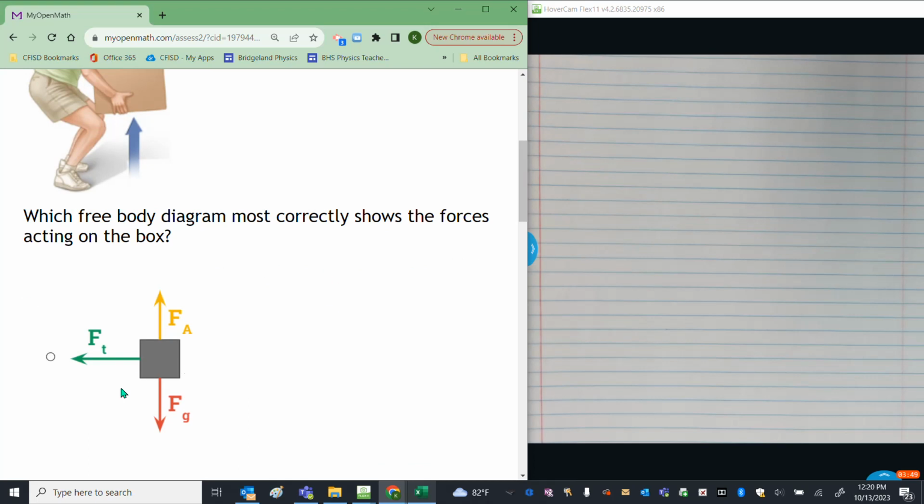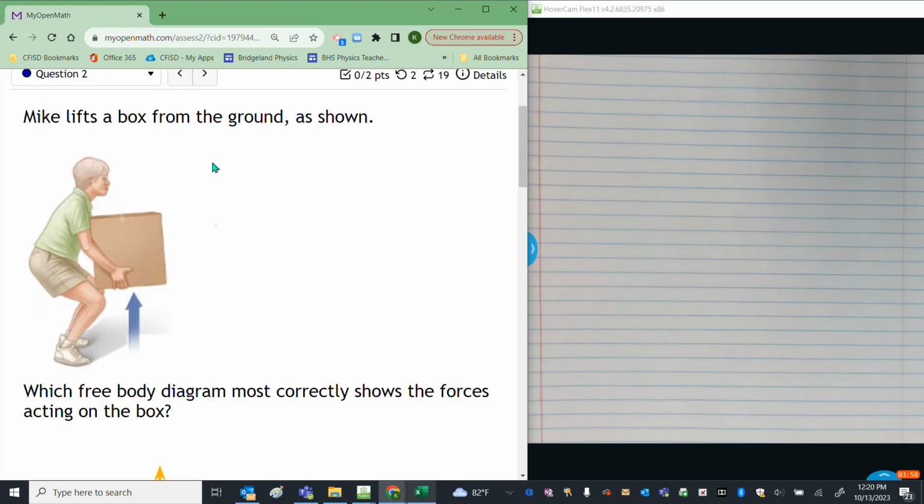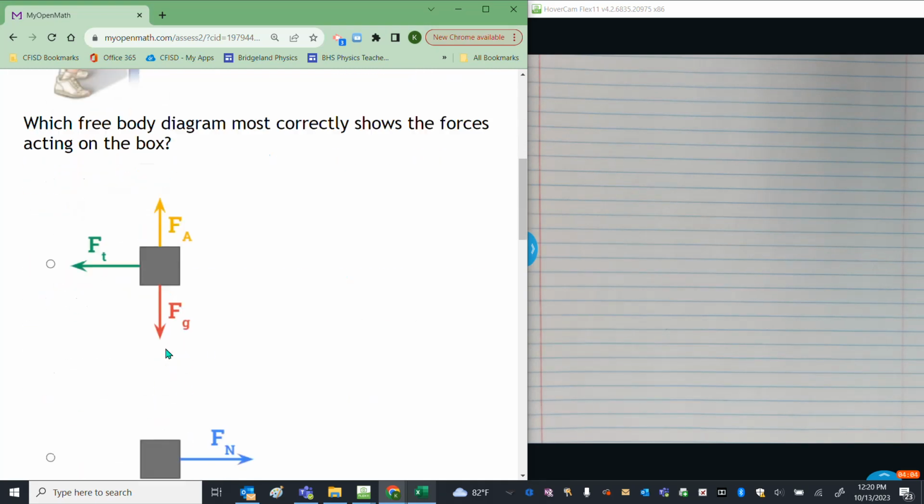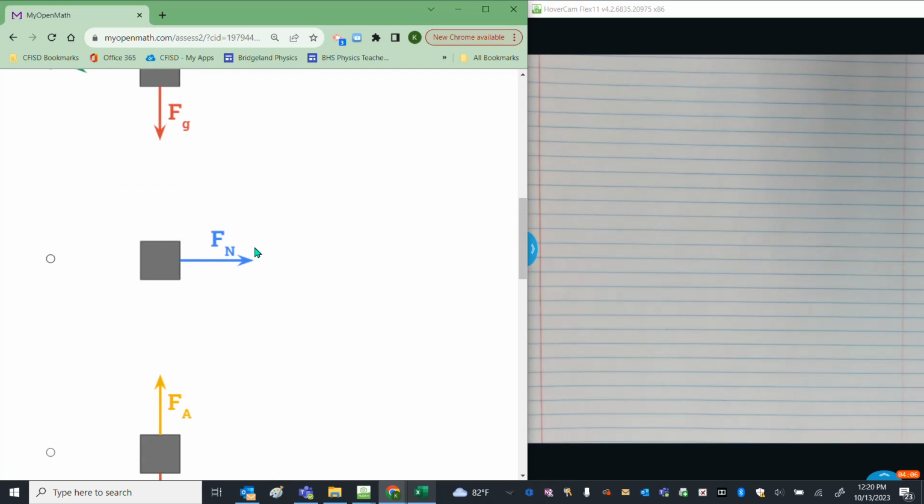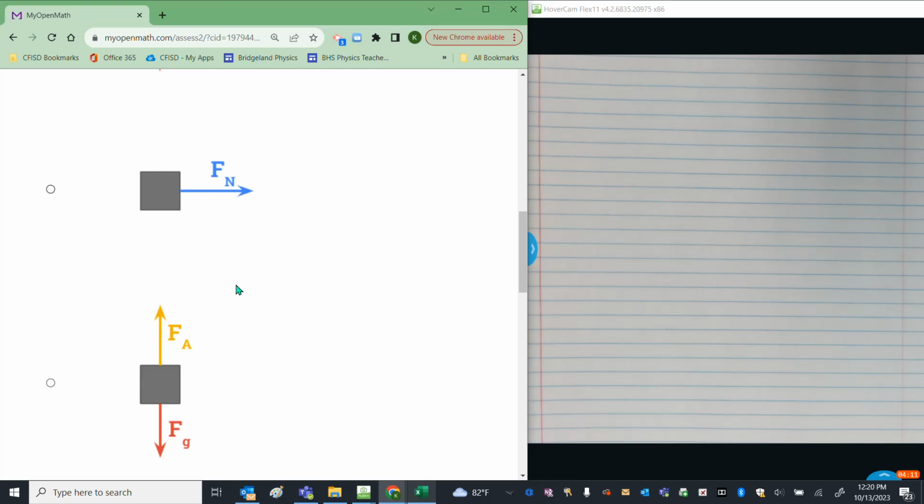Again, if we start looking at our options, I can see those two are labeled here, but this one also includes tension to the left. There's nothing in this diagram or description that would imply that there is any force of tension to the left. I don't have a rope or a string or a cable or anything like that. This one has normal force to the right, which again does not make sense for the scenario we're looking at.